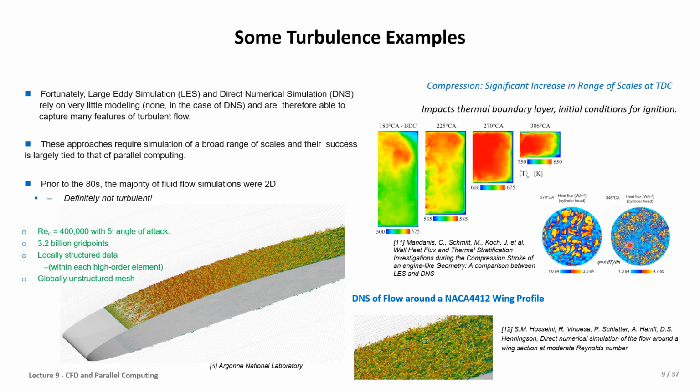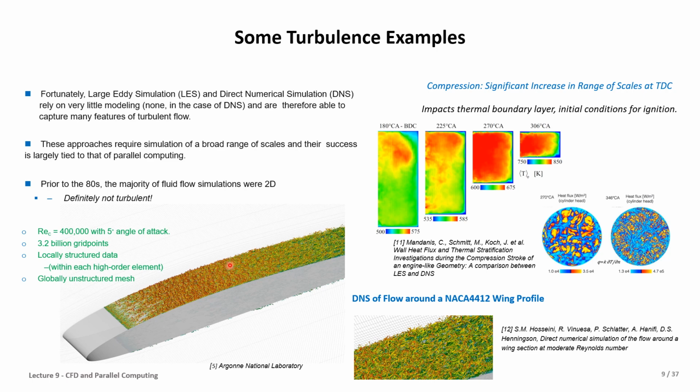And since this is related to temperature and heat transfer, in this kind of problem we need this detail. It seems it's essential to apply DNS, and of course, it presents the exact solution with much more detail. Another example is the DNS of a flow around a NACA 4412 wing profile here.